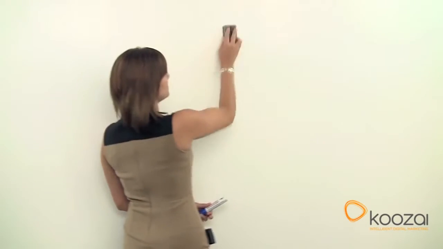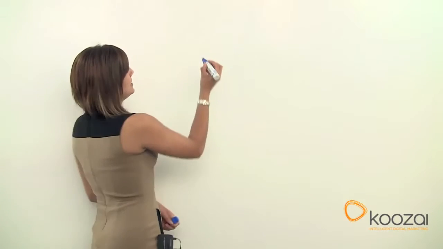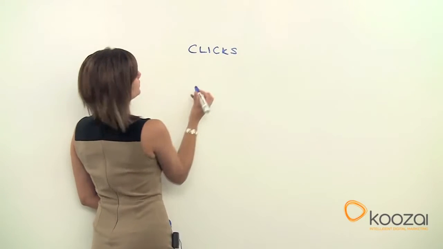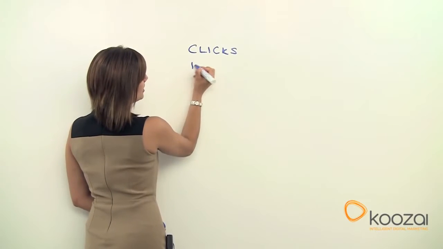The final thing I want to go through is the importance of measuring the success of your PPC campaign. AdWords, Yahoo, MSN adCenter, they've all got similar functionalities, and they all measure the same elements of a PPC campaign. These are your clicks, so how much traffic you're driving on each of your ads and keywords.